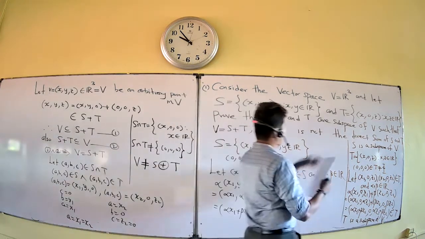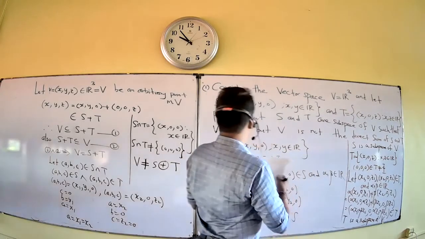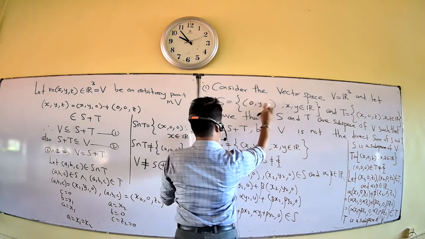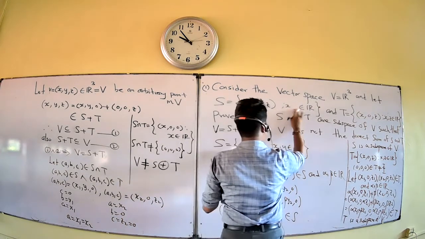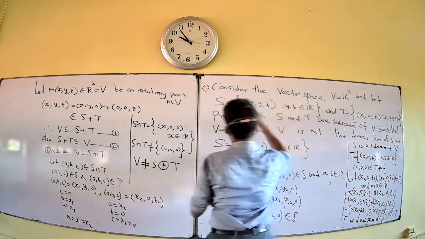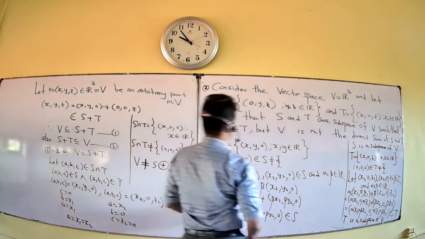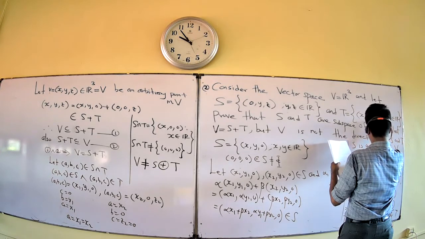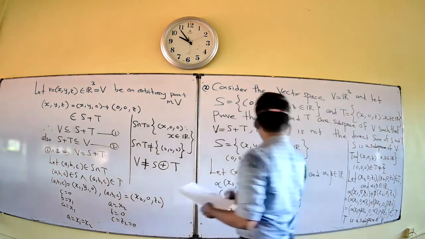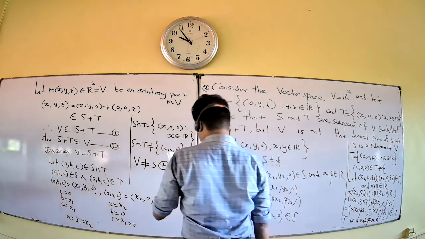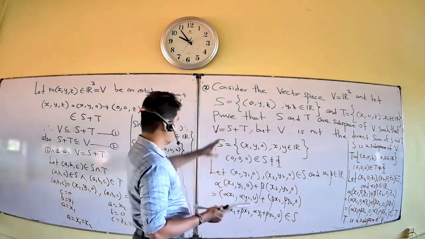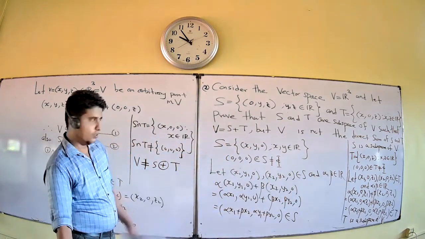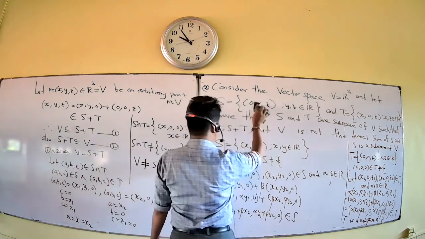Consider V is a vector space, V equals R cube, and let your set S be defined like this: (0, y, z). It is a second example, second exercise. And T is also defined like this: (x, 0, z). Prove that S and T are subspaces of V such that V equals S plus T, and the direct sum is not satisfied here. So just change the coordinates.